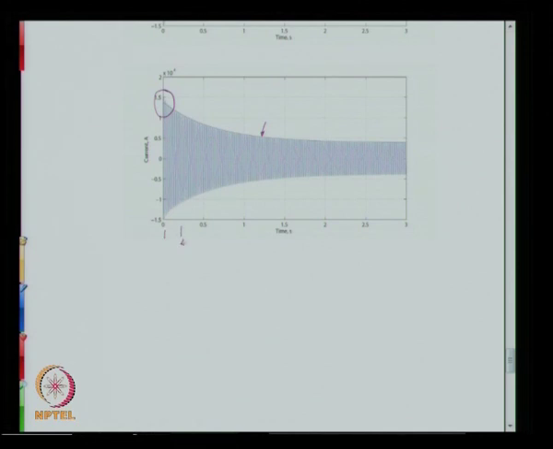The rest of this region, until the exponent with T dash D decays down, is the transient interval or transient region, and finally you have the steady state region.